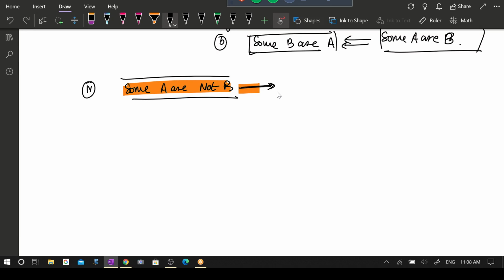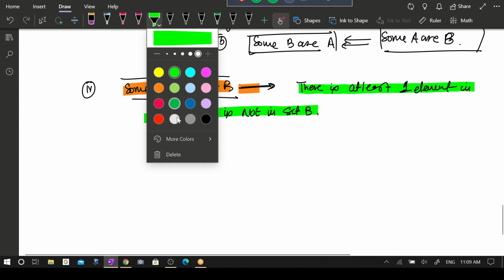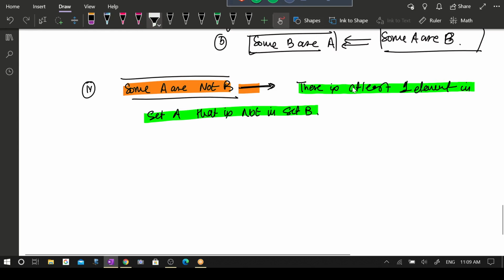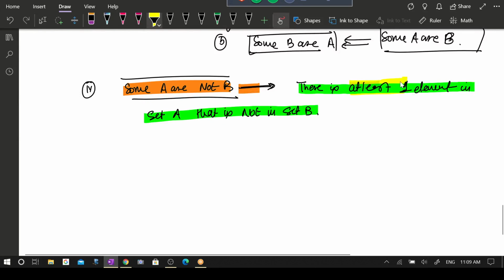Some A or not B means there is at least one element in set A that is not in set B. If I were you, I would think of this shrewdly: at least one element.